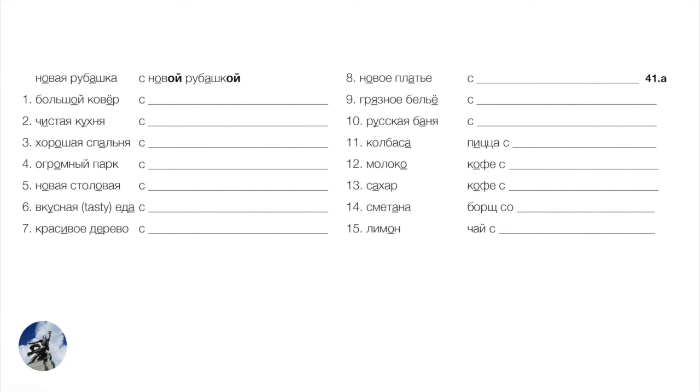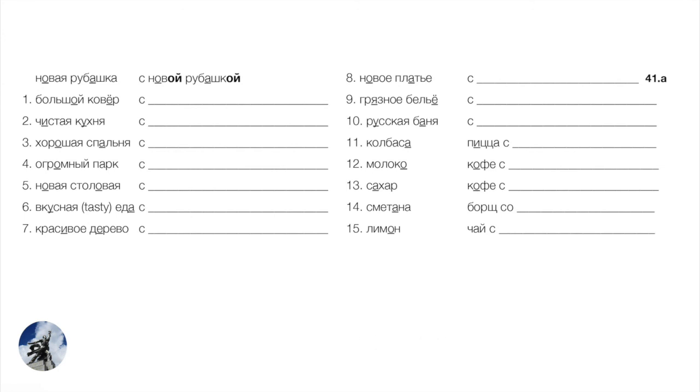Okay, now here are a few examples of foods with a certain ingredient. So very common if you're ordering food at a restaurant. Kolbasa, let's talk about pizza with sausage. Pizza с колбасой. Coffee with milk, кофе с молоком.